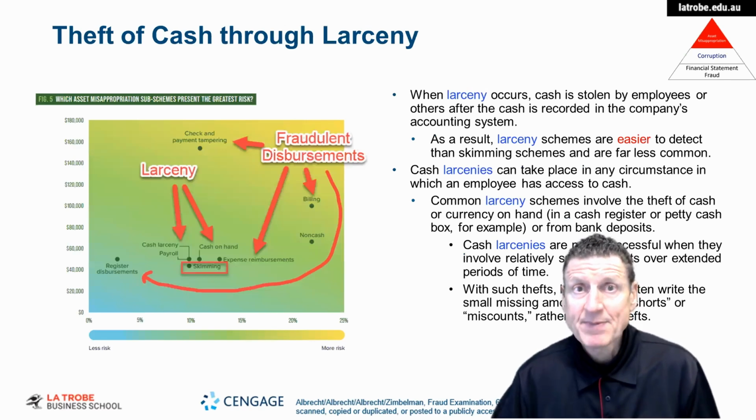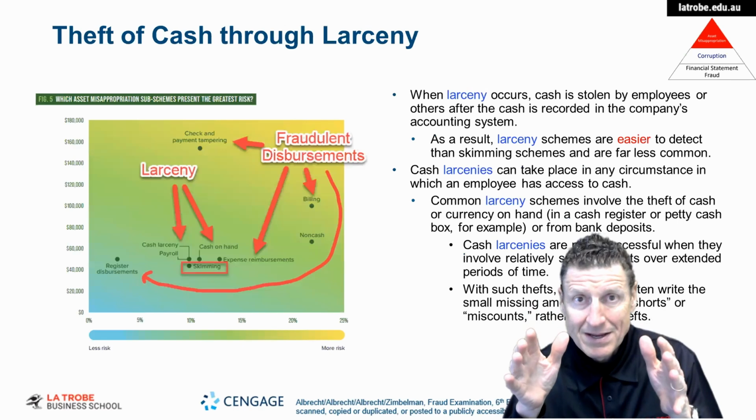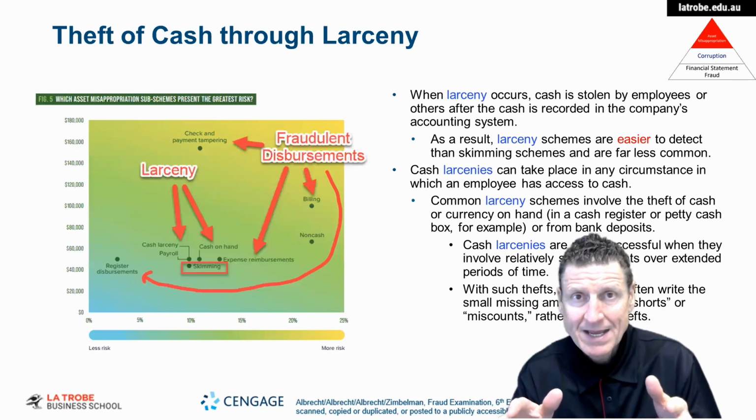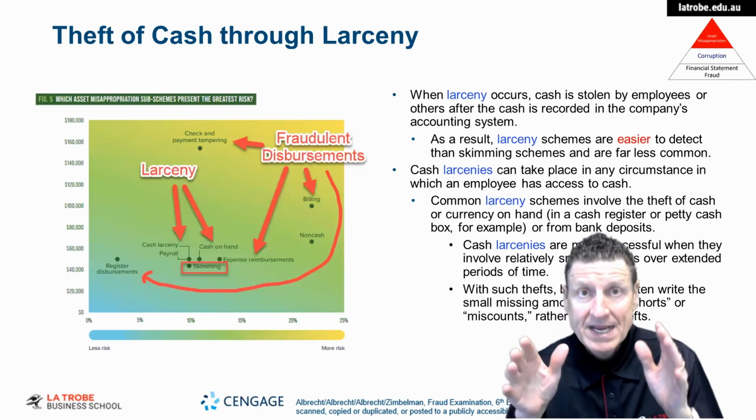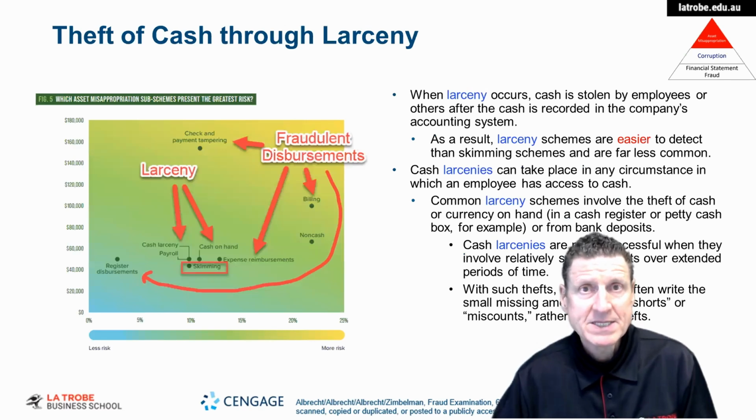What the textbook says about this is that when larceny occurs, remember larceny, working on fraudulently accessing and stealing assets inside the organization, it occurs, cash is stolen by employees or others after cash is recorded in the company's accounting system.